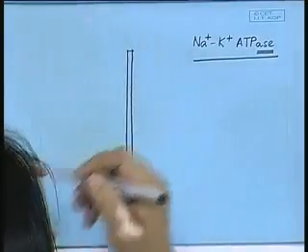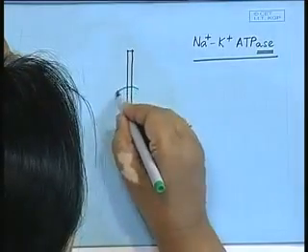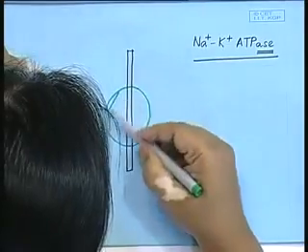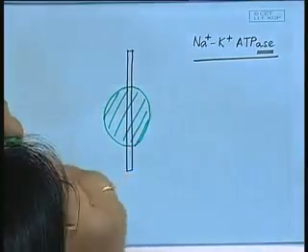So, say this is occupying this region here. This is where our Na plus K plus ATPase is. Okay?